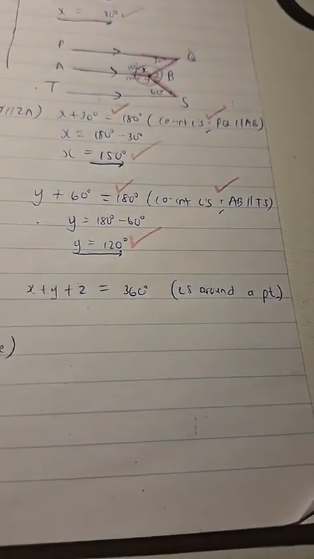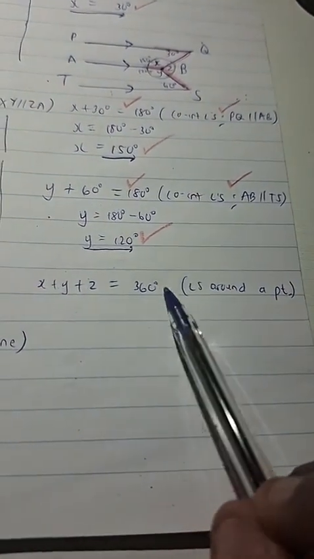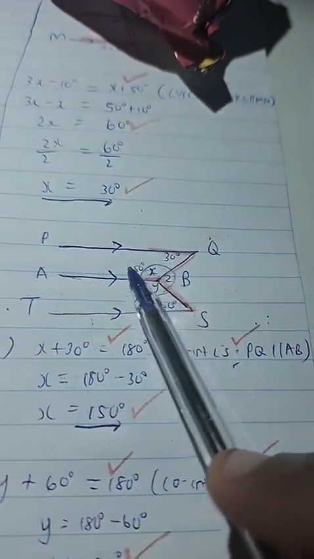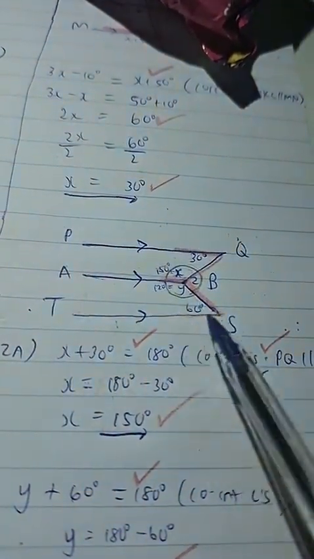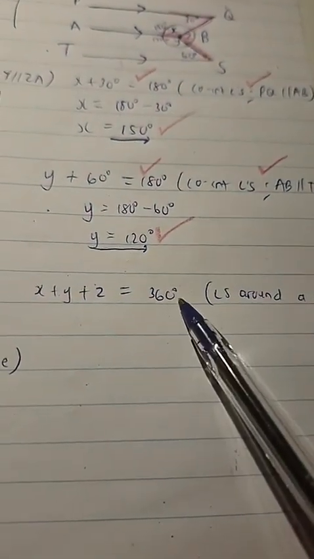That's the reason we use whenever the angles around that point add up to 360, a full circle, 360 degrees. Another reason we could write is angles in a revolution.